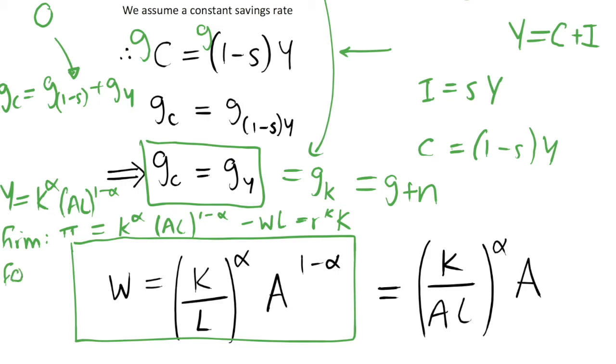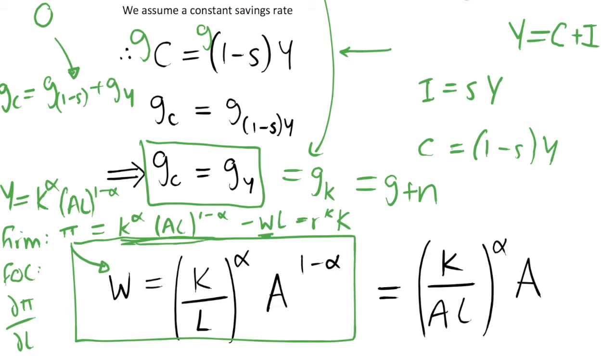We can take the first order condition with respect to L, and if we work through all of that, we get this equation for the wage rate. We get W equal to the derivative of output with respect to L, the other two terms are equal to 0, and we can rearrange appropriately to get that the wage is equal to the marginal product of labour.